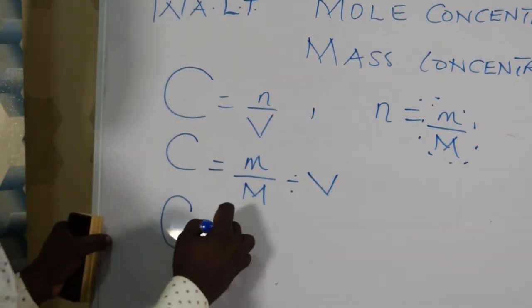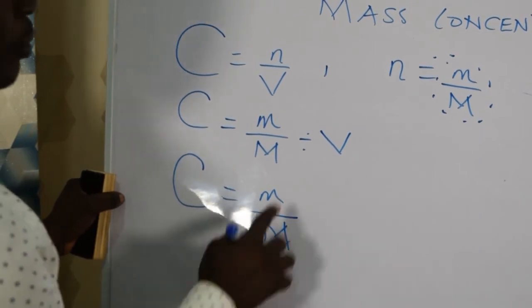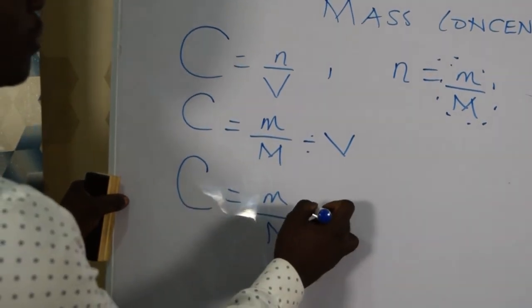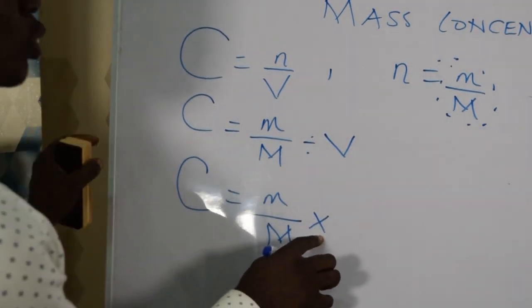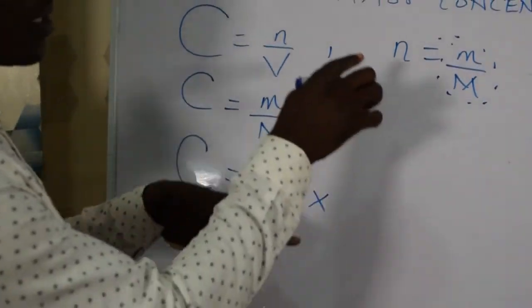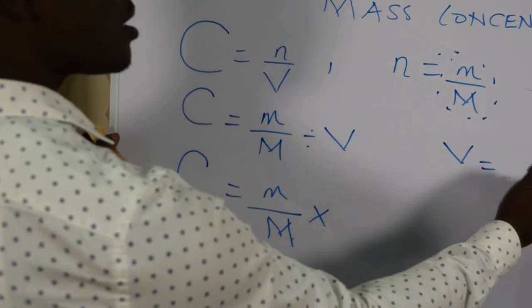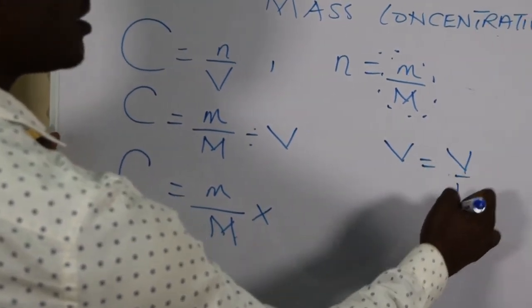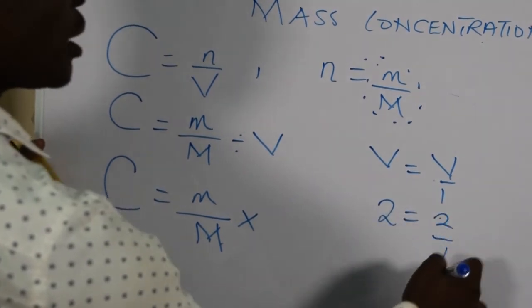Now, as we move on, small m over big M, what I'm going to do is multiply. I'm changing the division sign to a multiplication sign. And anytime you do that, there is a rule in mathematics that says that you should find the reciprocal. So V is the same as V over 1. 2 is the same as 2 over 1.